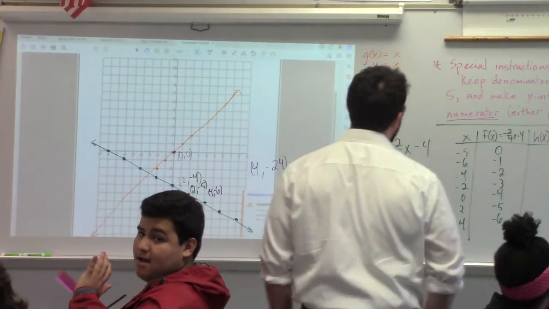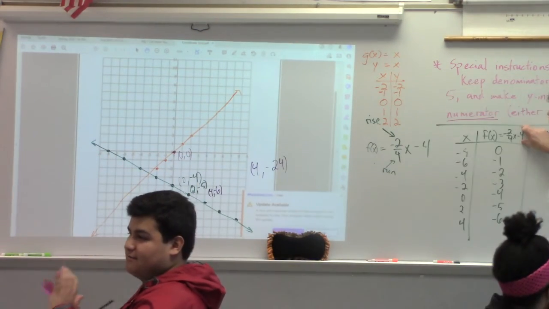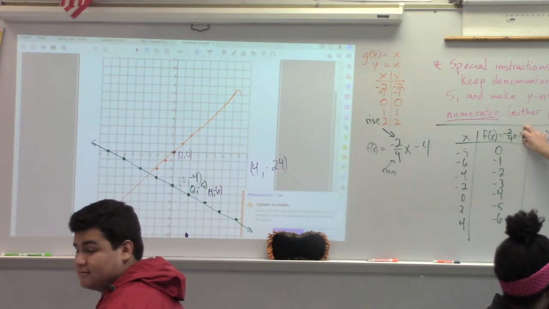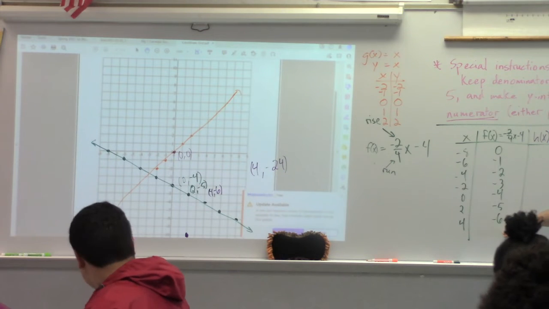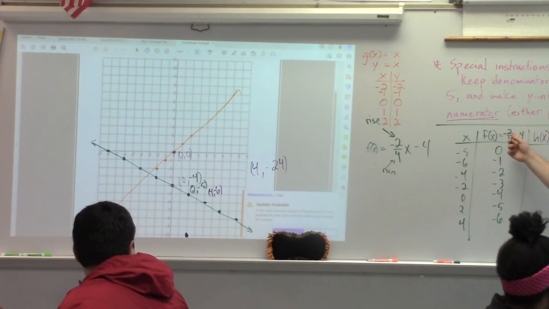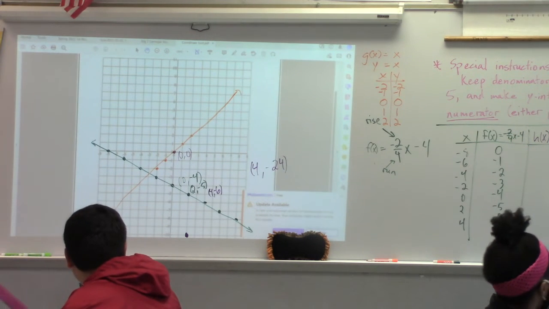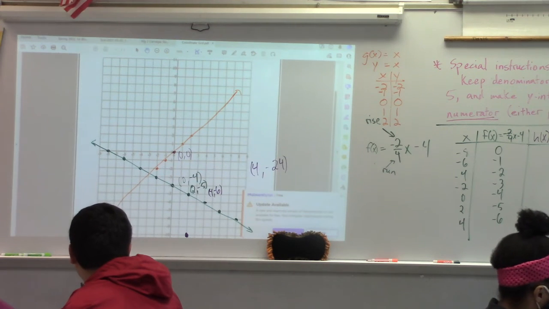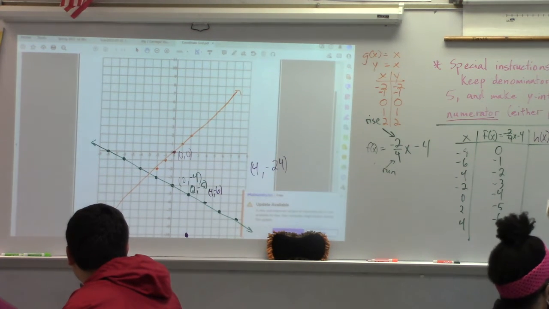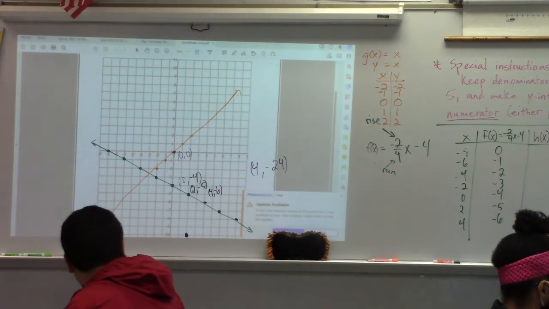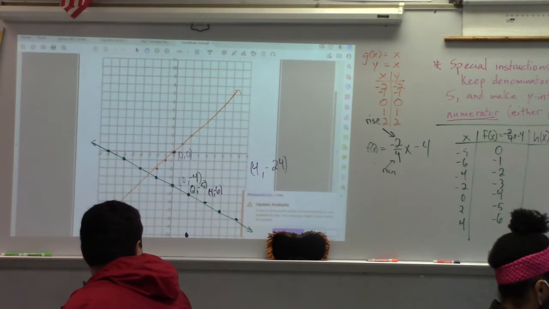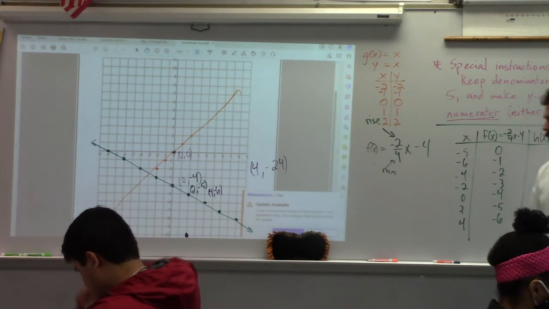You see right here where I said f of x is equal to negative 2/4 x minus 4? So these y values are coming from where? From that equation, right? Label your functions. If you just have a random table there with no equation, do you know where those points are coming from? Label your functions, please. It will help you significantly.